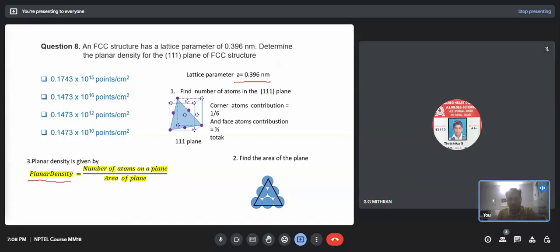So this is an FCC structure. In that, this is the 111 plane. On that, you can see the number of atoms. There are three atoms at corners. So the contribution of the corner atoms is 1 by 6 each, for these three.